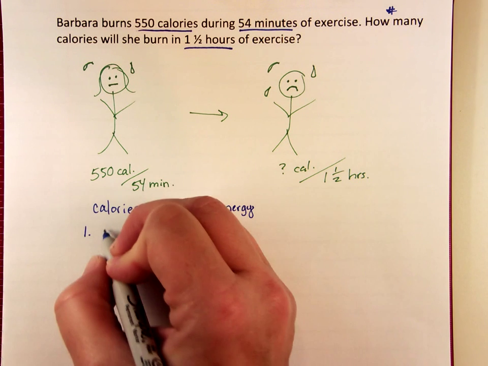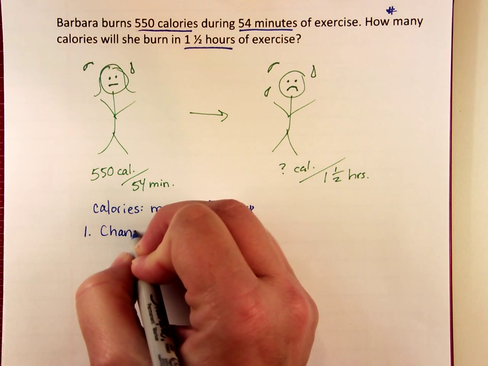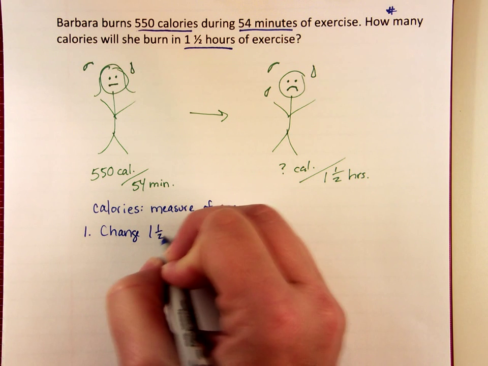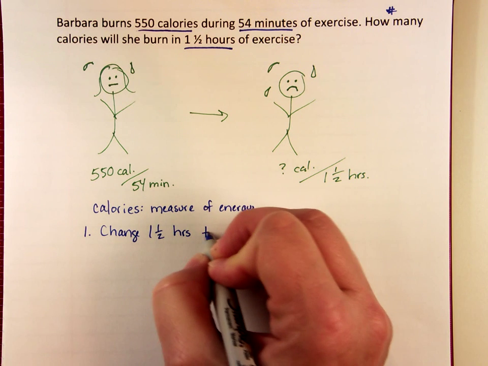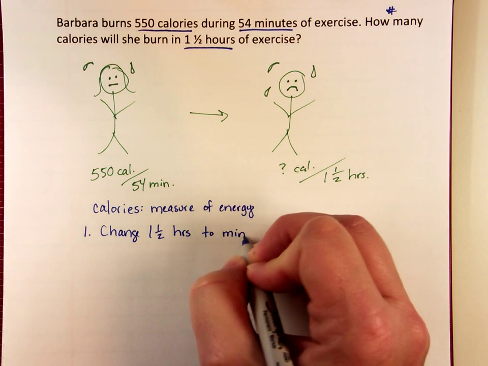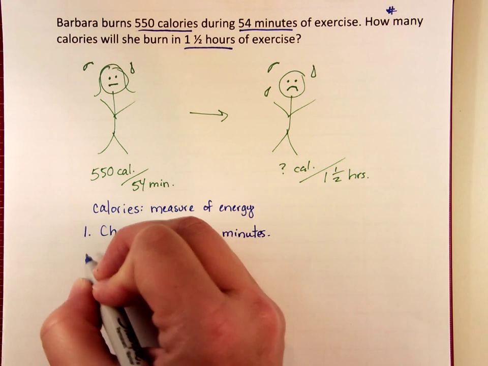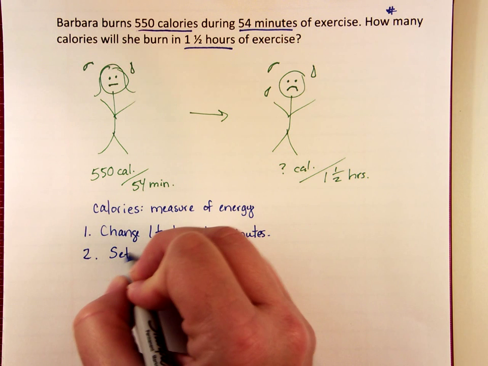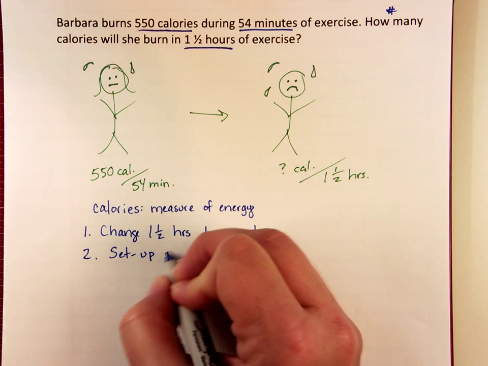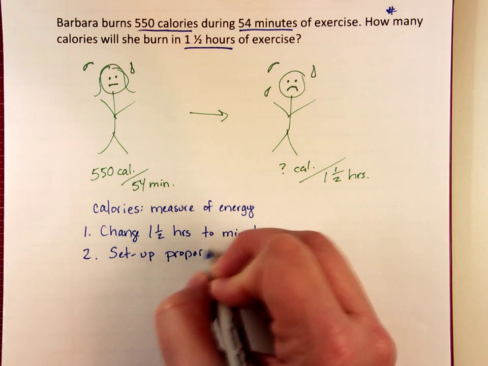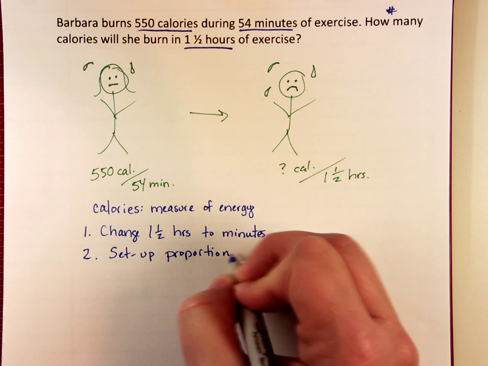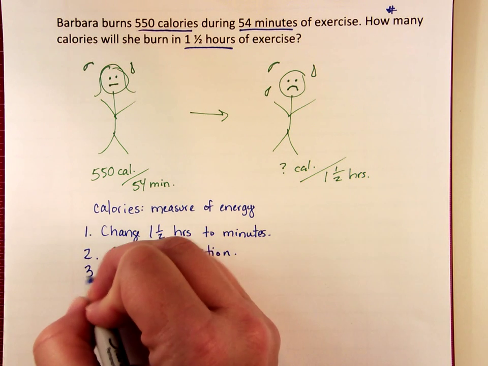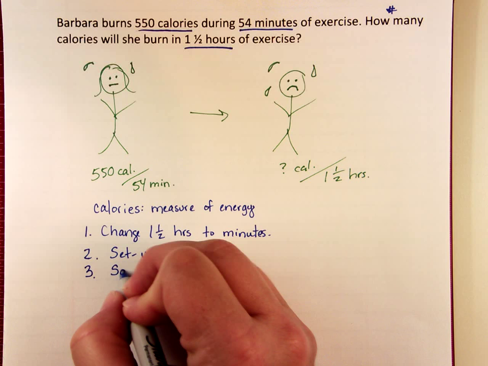So I'll change the 1.5 hours to minutes. That's step 1. Step 2 is going to be set up the proportion. We know we're working with proportions, so set one up. Step 3, solve the proportion.